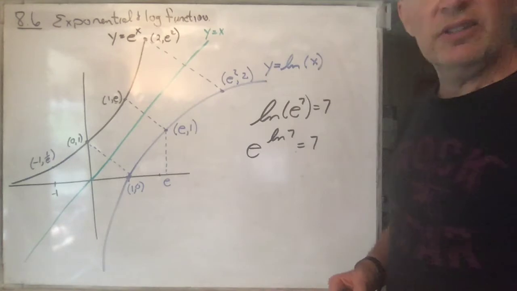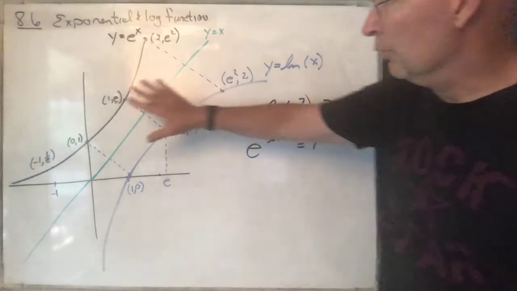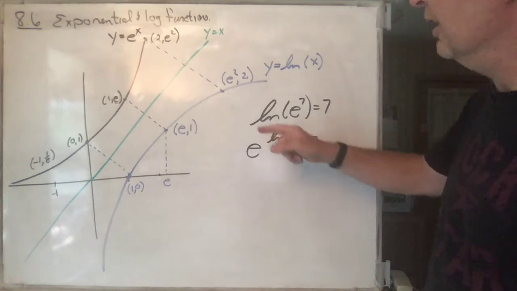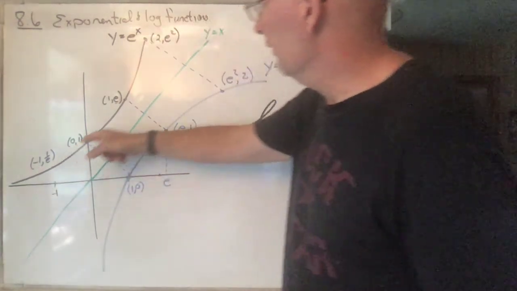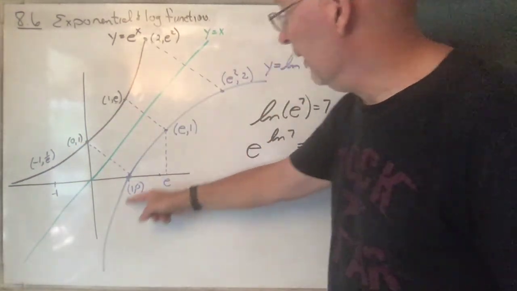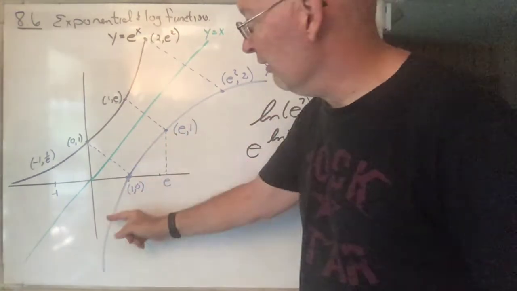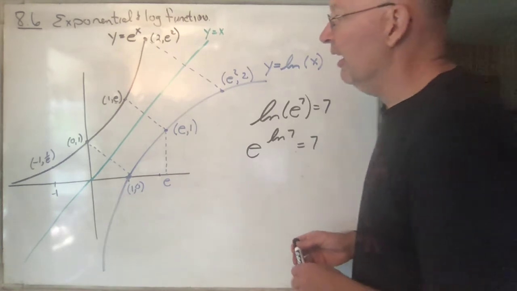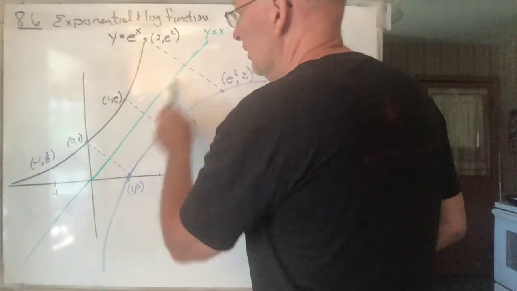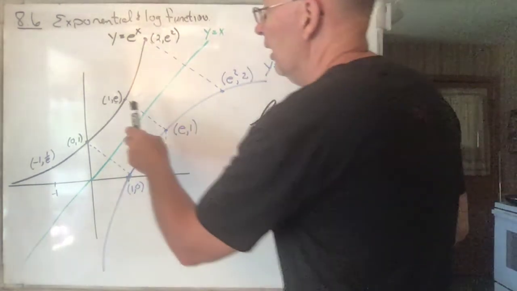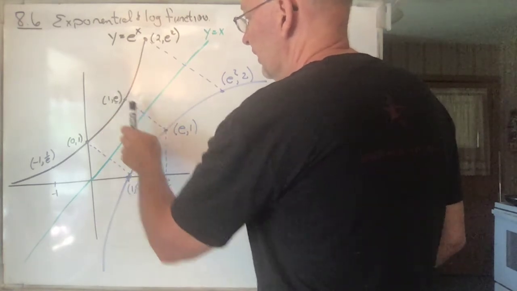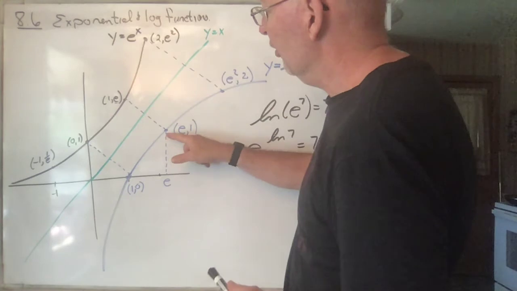Okay? Okay, I decided to draw this a little bit nicer. And so here it is again. Let me just say it one more time. Here's the graph of e to the x, and then here's the graph of its inverse, which is the ln of x. And since they undo each other, that means that whatever point is on this graph, the kind of flip point is going to be on this graph.